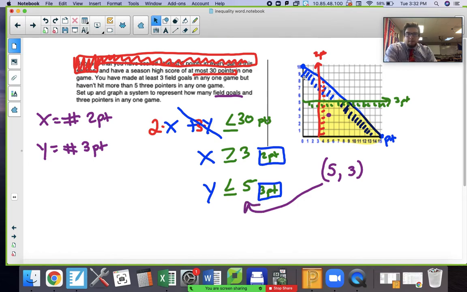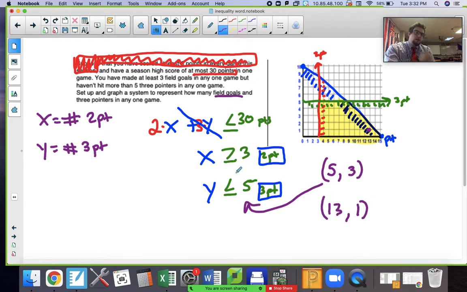I could move this dot way over here: 13 2-pointers, but only 1 3-pointer still satisfies all 3 inequalities. It's the minute I move this dot outside of that shaded region that I'm no longer satisfying all of the criteria. And I need to satisfy all of the limits.